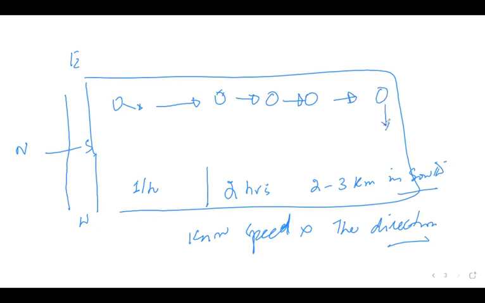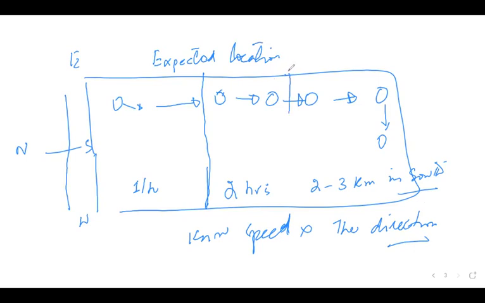And whenever there is any change in direction, we will follow the same approach: where the direction was changed, we can calculate the expected location. So for example, this is the expected location of a node after 2 hours.